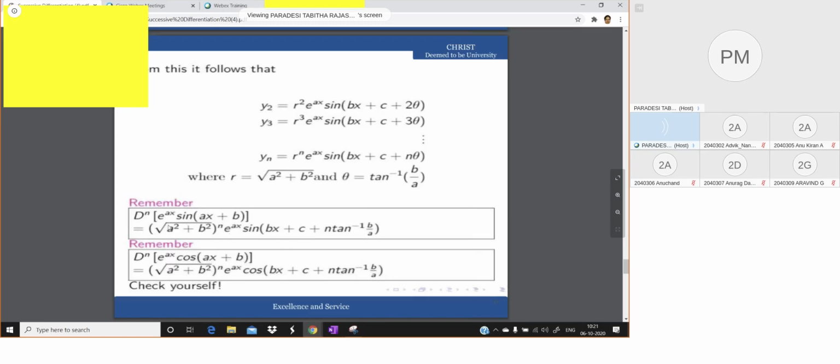This second derivation you will have to try on your own and check whether you're getting this answer. Leave some place, finish it off later on. For now, just copy the formula. But in the derivation, you should know how to find the nth derivative of the first function and the second function as well.